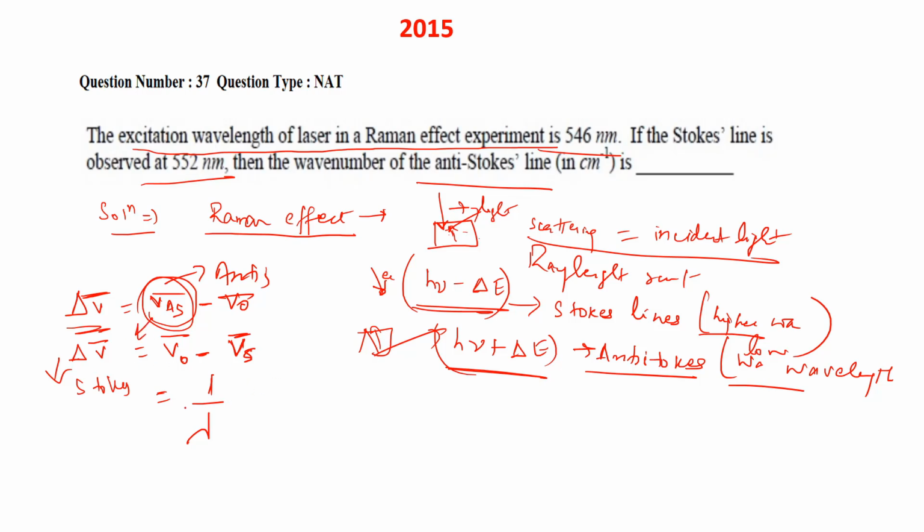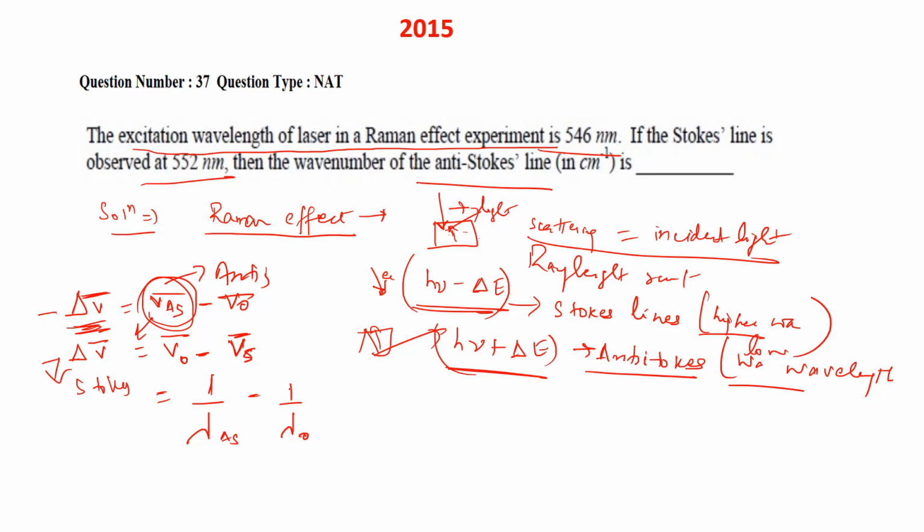Okay, so now 1 upon lambda as, 1 upon lambda naught. Equate both of these for anti-Stokes and Stokes. The Raman shift that we are getting is the wave number.